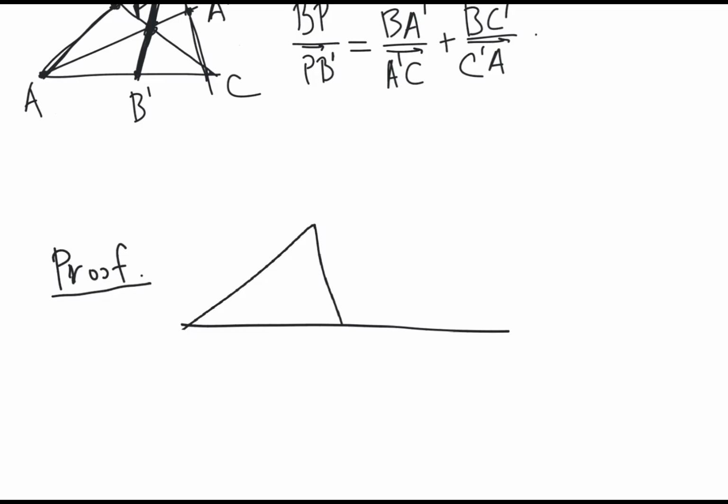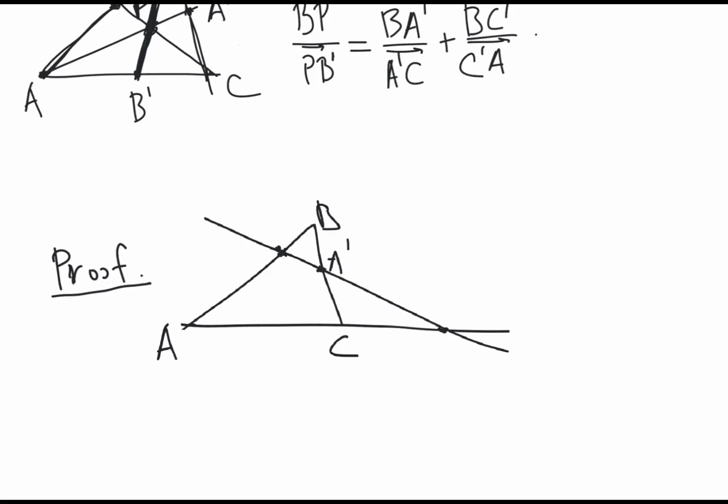If we have a triangle ABC and we have a line that intersects the lines containing the sides, so these 3 points are on the sides and extensions of the sides.